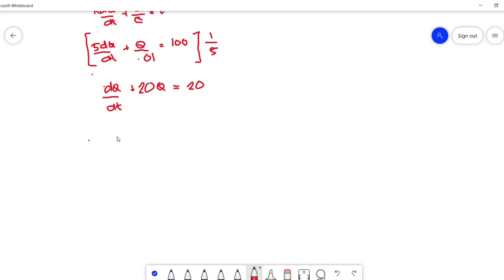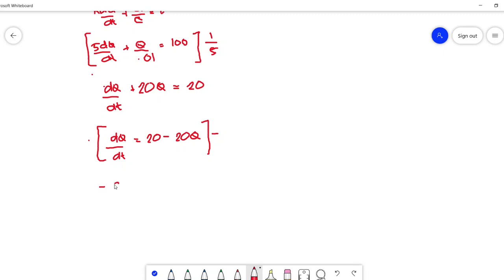So we have dq over dt equal to 20 minus 20q. Then we're trying to solve for q, so as much as possible we try to make it a positive variable, so we can multiply the negative sign in both sides.